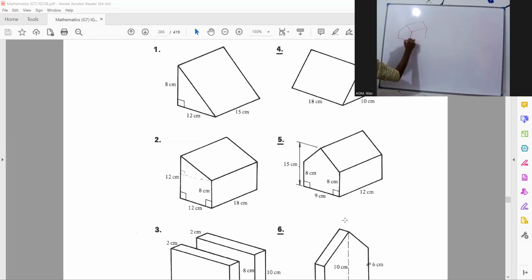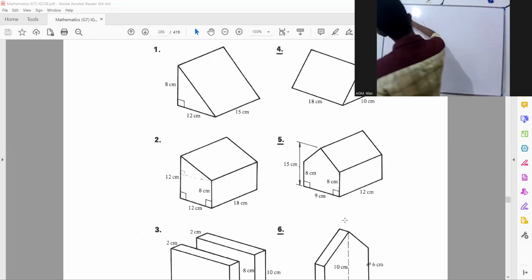This is 12 centimeter. This is 9 centimeter. This is 8 centimeter. This is also 8 centimeter. And the height to the apex is 15 centimeter.